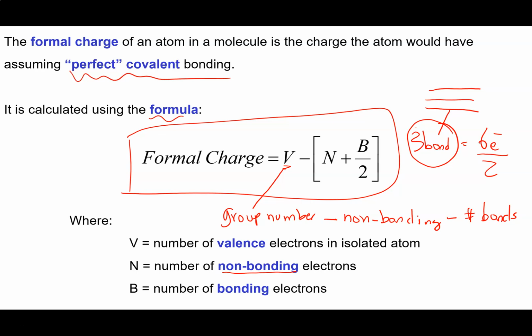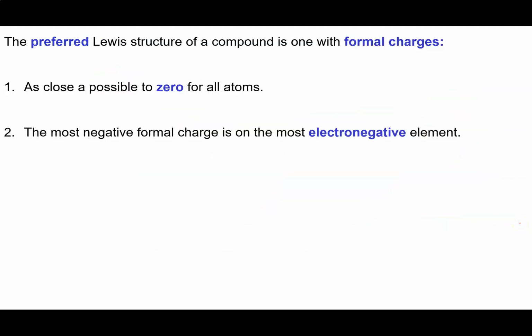So your formal charge is just your group number minus your non-bonding electrons minus your number of bonds. We'll go through this slightly. The best Lewis structure will have formal charges as close as possible to 0 for all atoms. So a great Lewis structure will have 0 for all formal charges.